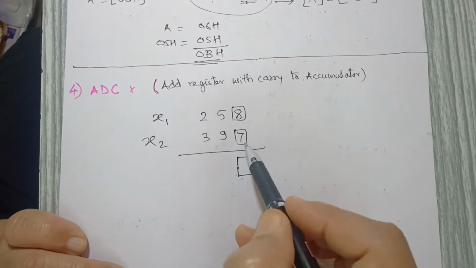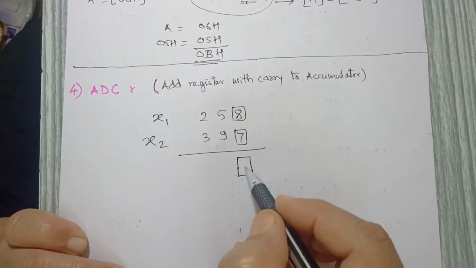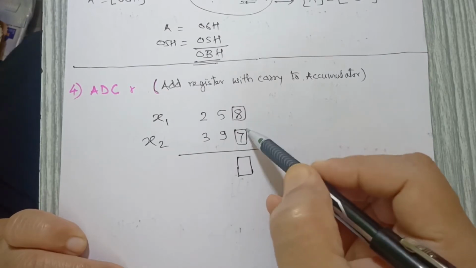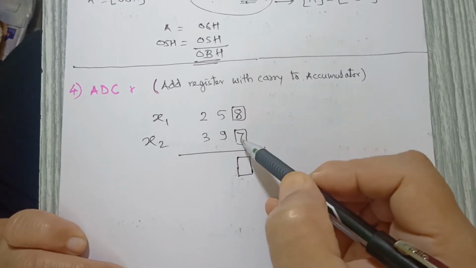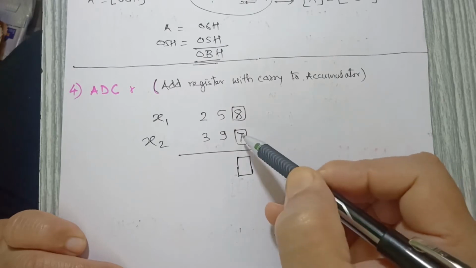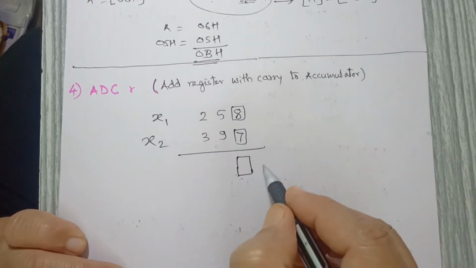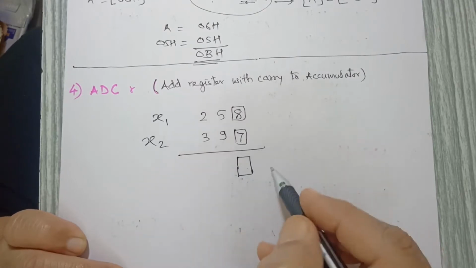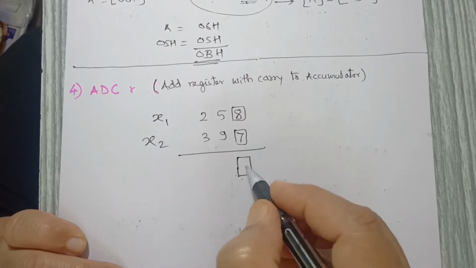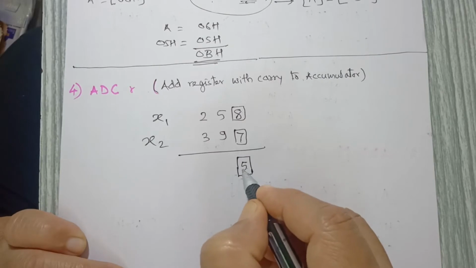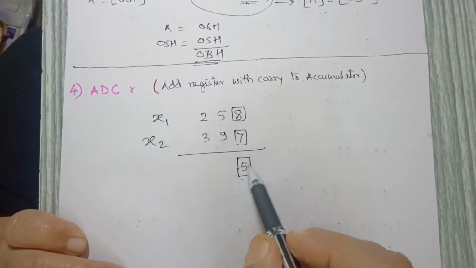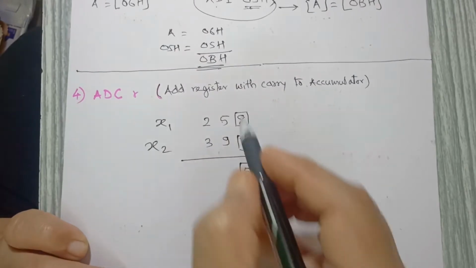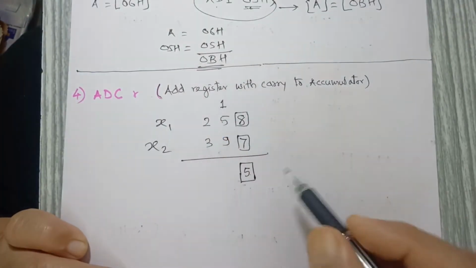You know that 8 and 7 is 15. Our brain works like a single digit adder. So that is 15. We do not write 15 here. Whatever we get, we subtract 10 from that and we write here 5. There is a 1 in the tens position, and we write that 1.